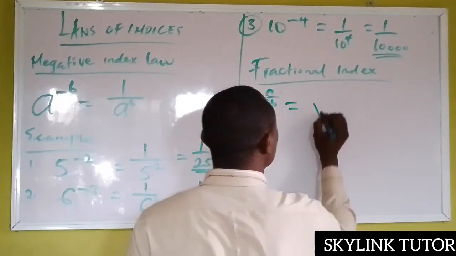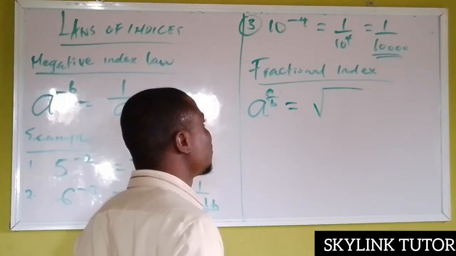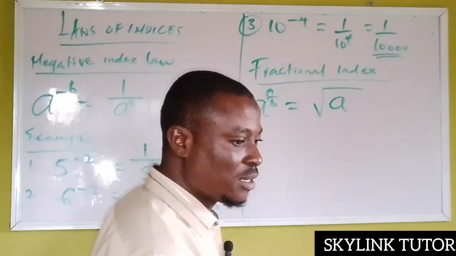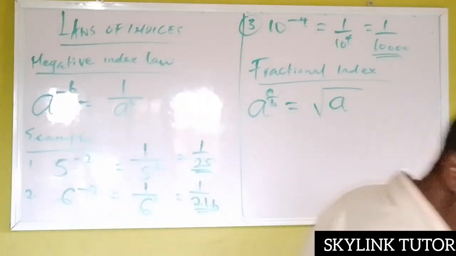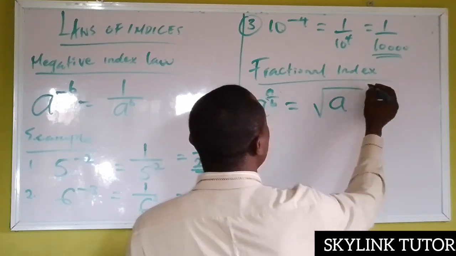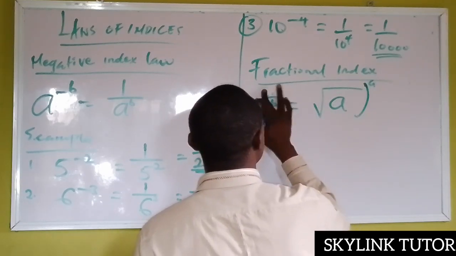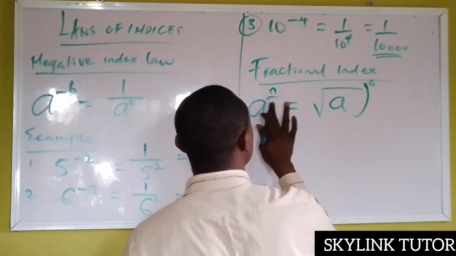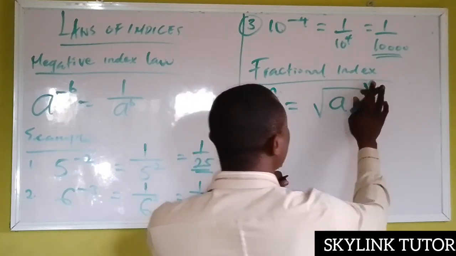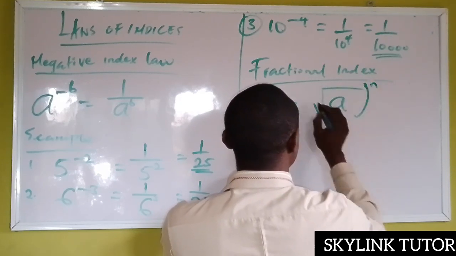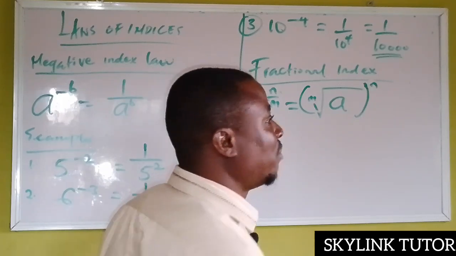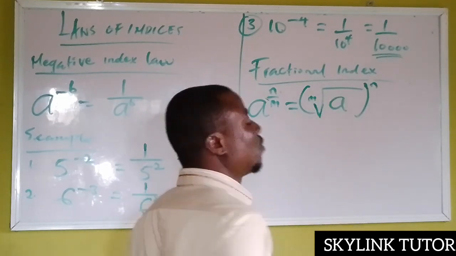What you are going to have is this. You put your a in the brackets, and you put the n here, let's say n all over m instead of using a all over b. You put your n out, you put your m here. That is how you are going to solve the problem concerning that.